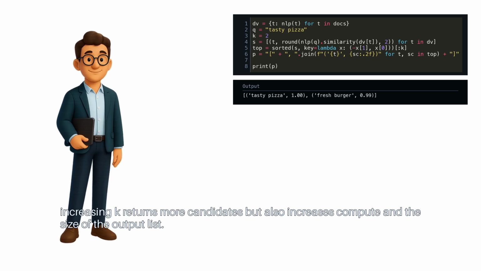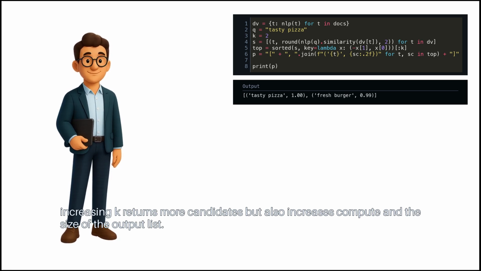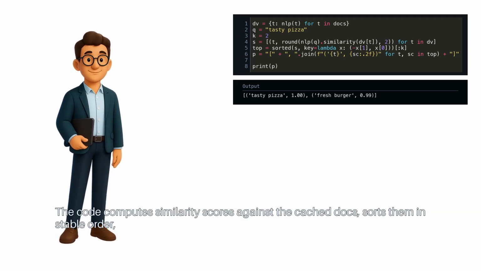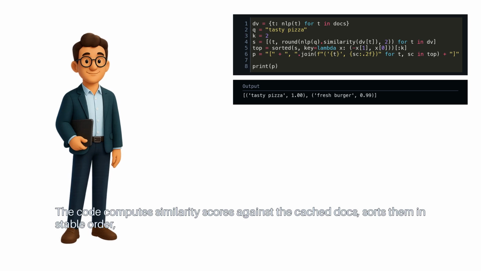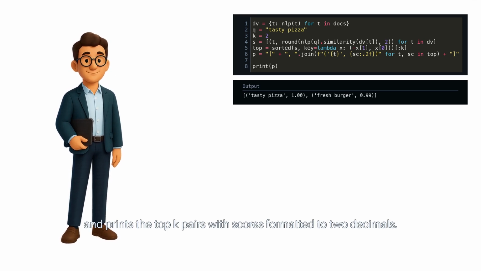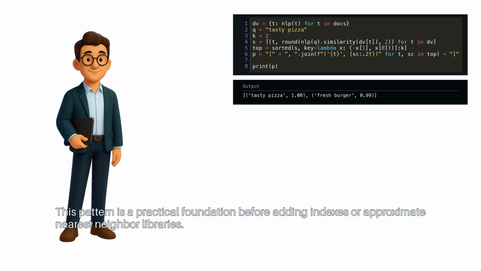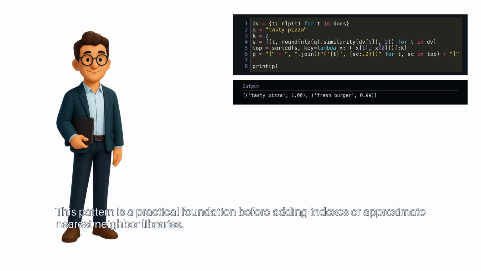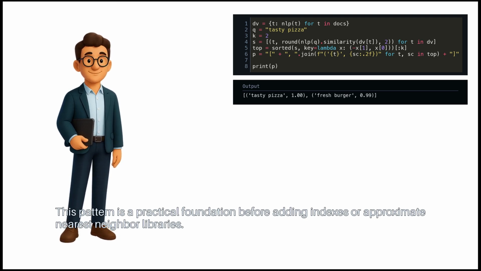Increasing k returns more candidates, but also increases compute and the size of the output list. The code computes similarity scores against the cached docs, sorts them in stable order, and prints the top k pairs with scores formatted to 2 decimals. This pattern is a practical foundation before adding indexes or approximate nearest neighbor libraries.